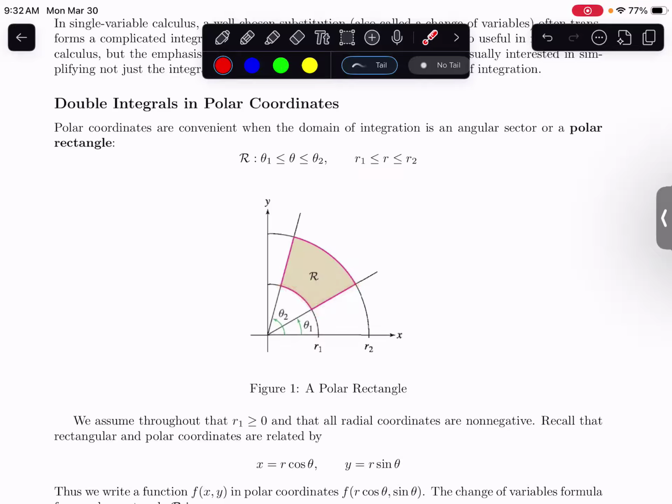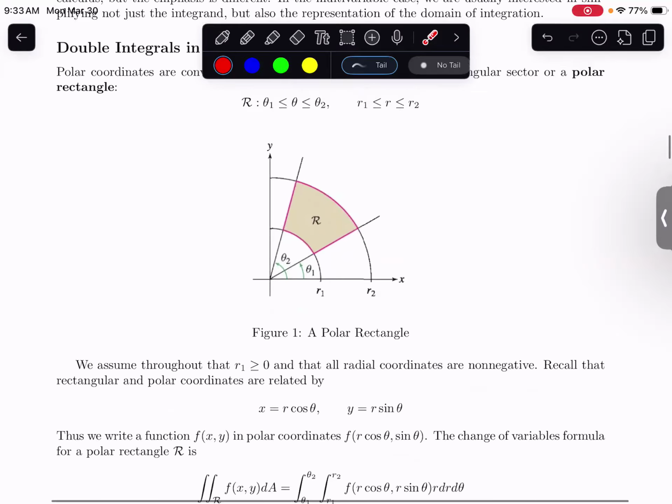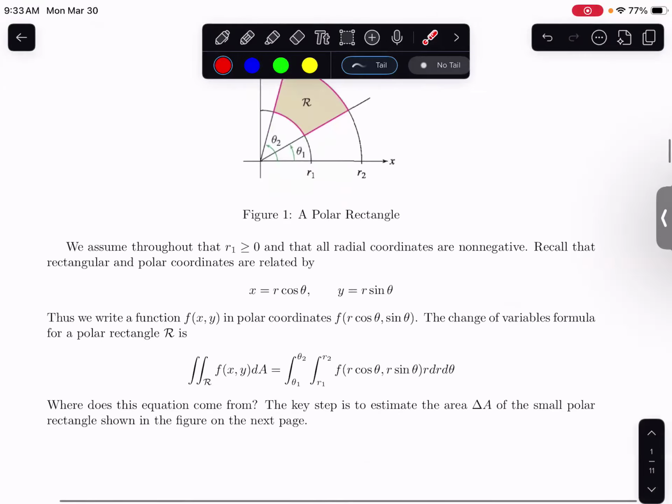You're going from a circle of radius 1 to a circle of radius 2. So if you change the angle and you change the radius, and you consider all angles and radii between those two values, you end up getting a shape that looks like this, which is called a polar rectangle. So that's the basic object we'll see when integrating in polar coordinates.